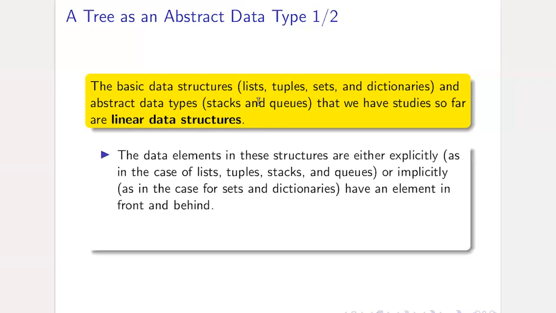In contrast, in our problem solving work, we sometimes want other types of data structures. Here, the linearity is that either explicitly or implicitly you have an element in the front and one behind.